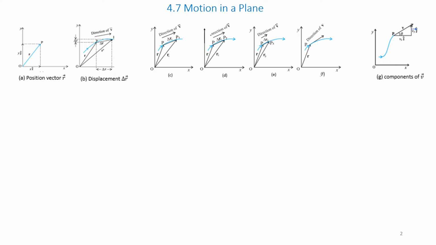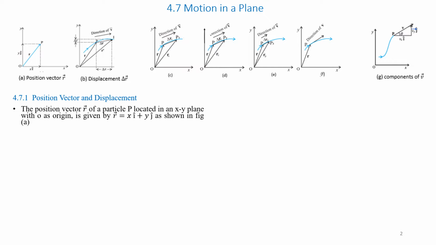Physical quantities like position vector, displacement, average velocity, and instantaneous velocity are described using vector diagrams. In figure A, the position vector r of a particle P in the xy plane with O as origin is given by r equals xi plus yj.